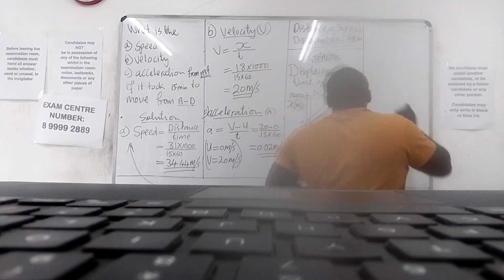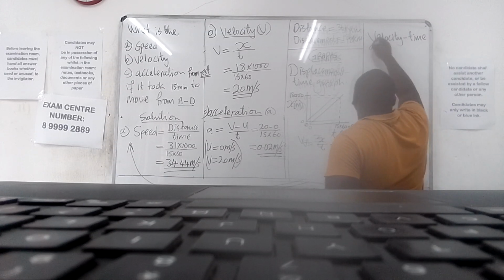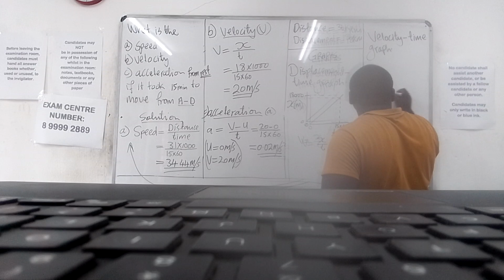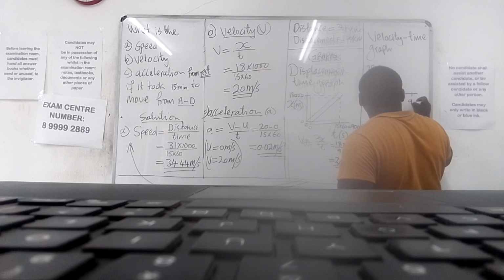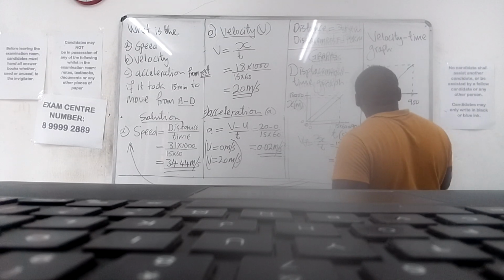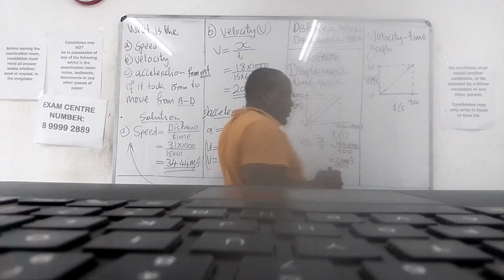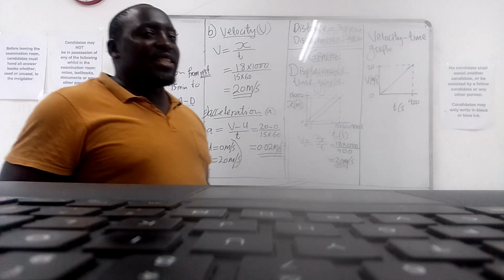Let us go now to velocity time graph. So the graph of velocity time graph, when we draw it like this, what does it mean?